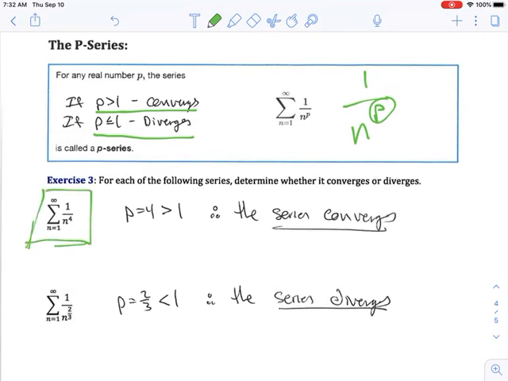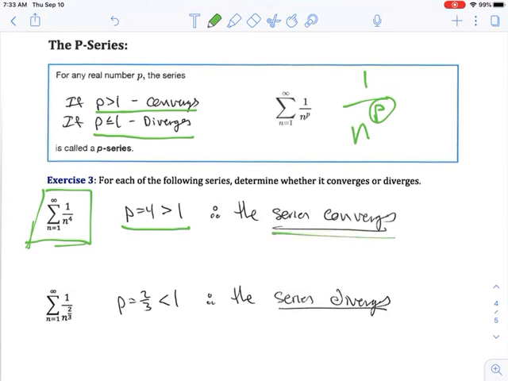First of all, let's apply the divergence test. Applying the divergence test, we see that the limit of 1 over n to the 4th is 0, therefore it is inconclusive. Then we say, hey, this is a P-series. And because p is equal to 4, that's the power, and that's greater than 1, the series converges. That's all there is to it.